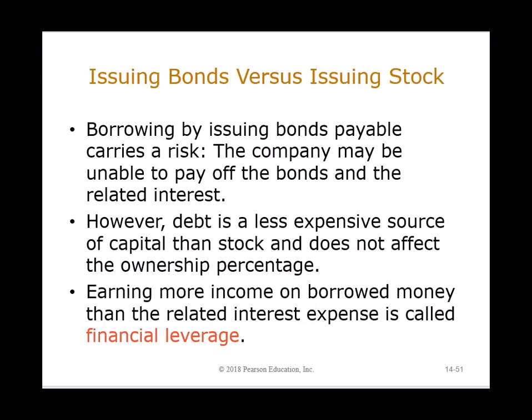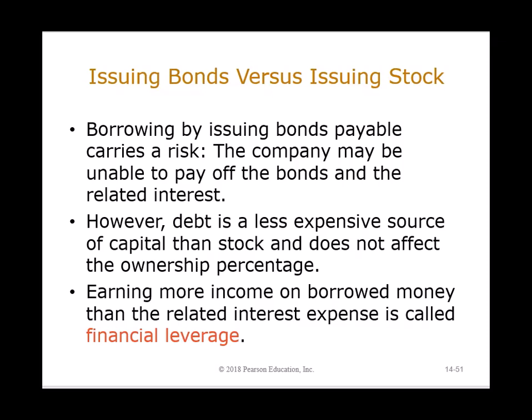Now, let's talk about why a company might decide to issue bonds versus issuing stock. We know that really a company has two basic options when it comes to financing their business. They can either finance through debt or finance through equity, okay? Debt primarily being bonds, equity primarily being stock. There are advantages and disadvantages to both.